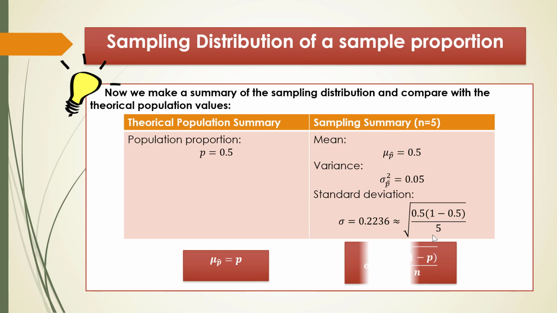So in this section, we are going to admit that the mean of the sample proportion is the population proportion, and the standard deviation of the sample proportion is the square root of the population proportion times 1 minus the population proportion, over n.